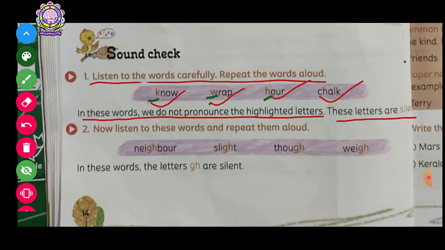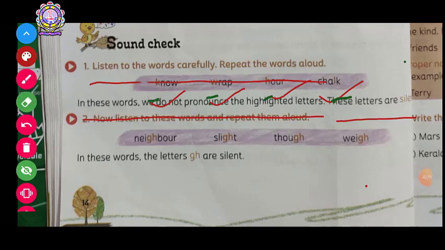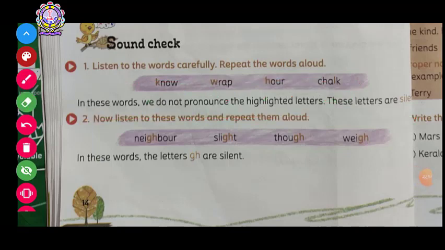The words which I have underlined with green, those letters are silent, meaning K, W, H, L. These are your silent letters. Now let's read further what is written.